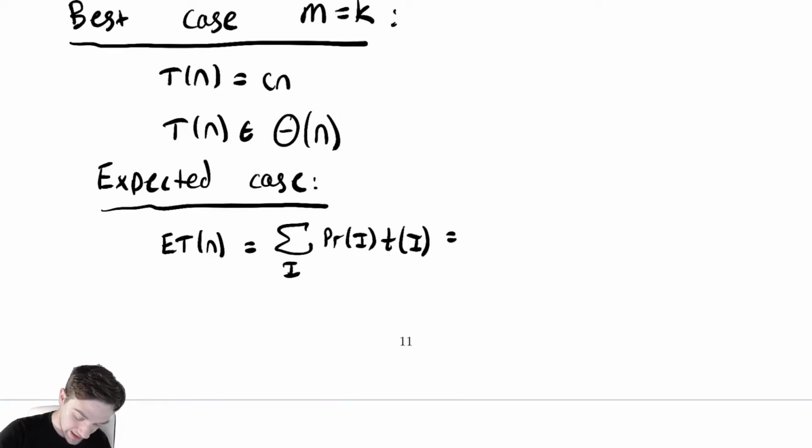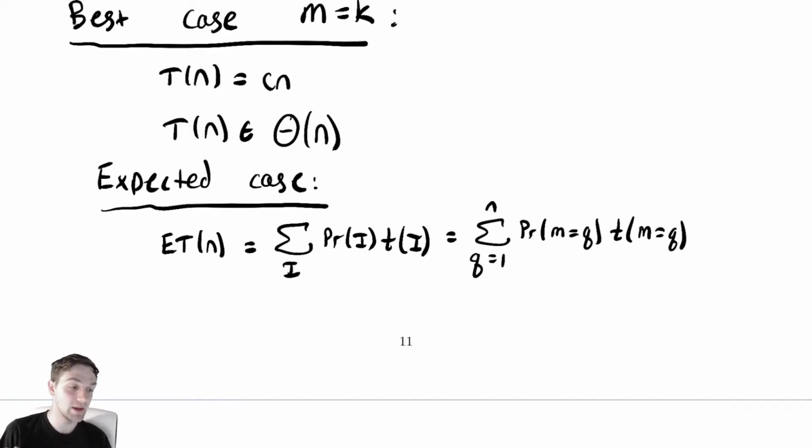So this would be adding up over q from 1 to n, the different locations for m, of the probability that m is equal to q times the time when m is equal to q. M is a random element, so it's equally likely that it ends up in any given location. So the probability is 1 over n.